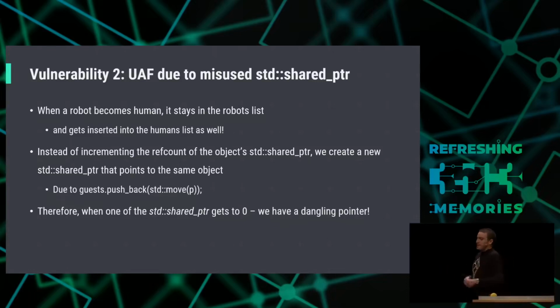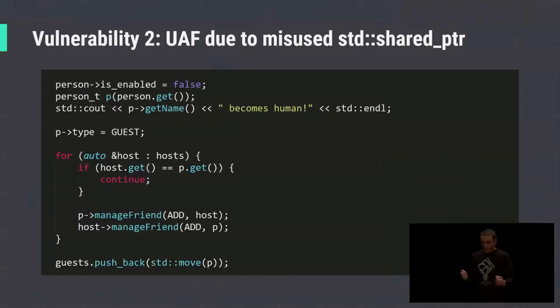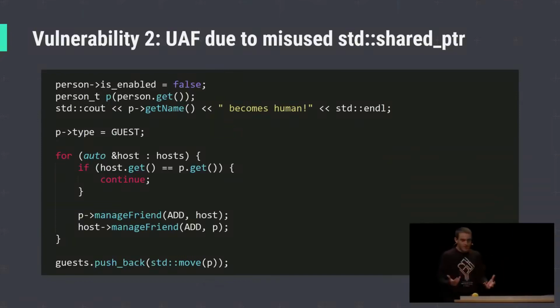The problem is that there is a flaw in the challenge: you can take a robot and transform it to a human. Now, this is really cool, but the code that does that uses std::move, which actually duplicates the object and thus duplicates the shared pointer. This is really wrong, because it breaks the whole point of shared pointers. The right thing to do here is to increment the ref count, and that's it.